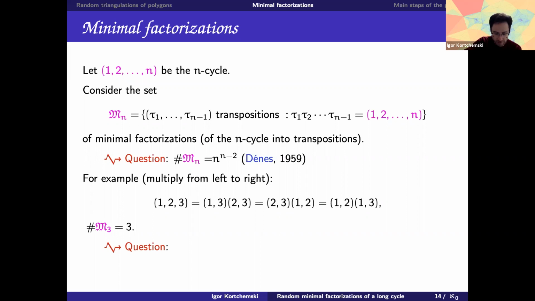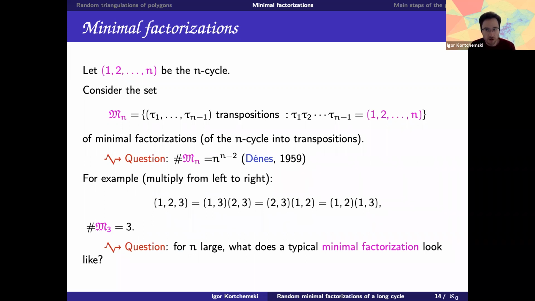And in general, it is known since Dénes that there are precisely n to the power n minus 2 such factorizations. The first proof was not bijective, but then there were found nice bijections with Cayley trees, with parking functions. There's quite a rich combinatorial structure behind.